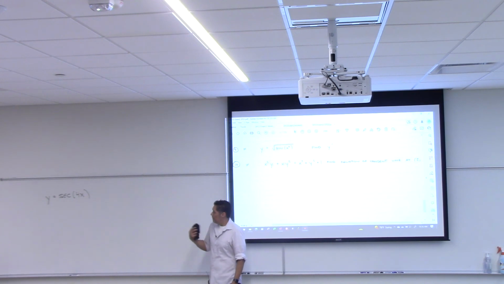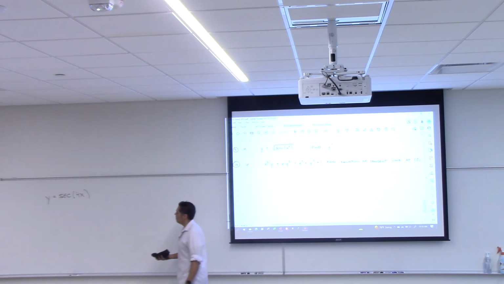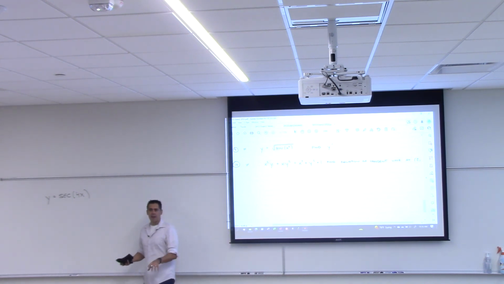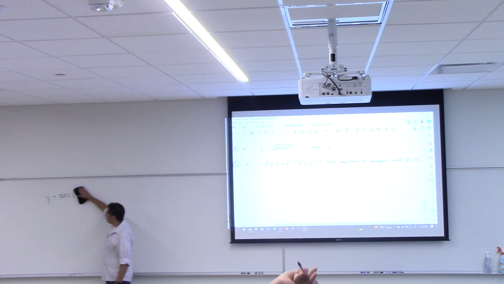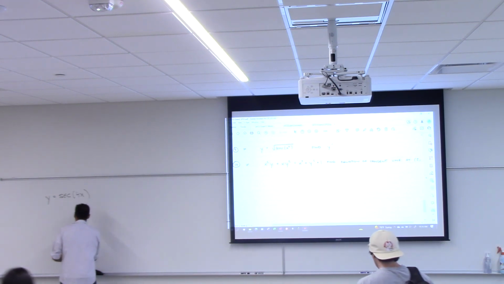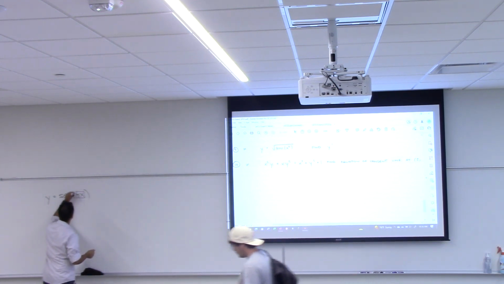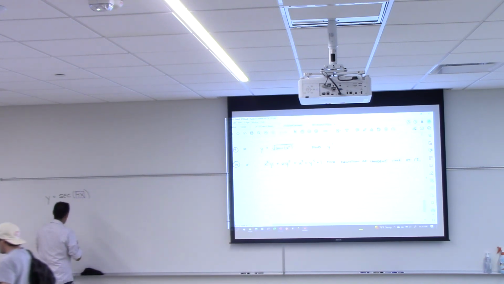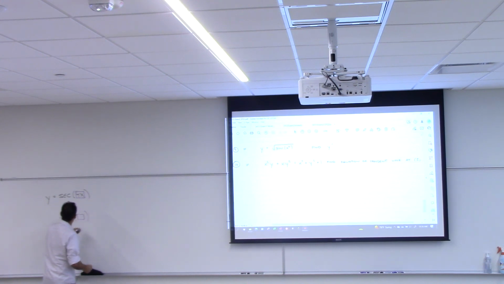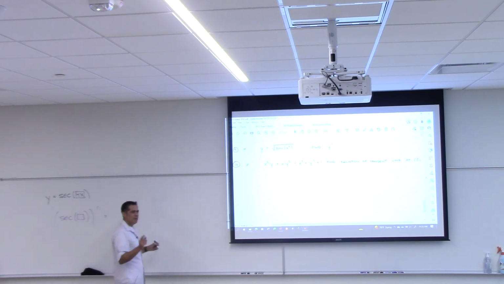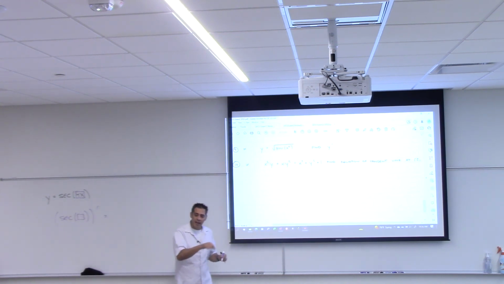So the way I'm doing this is I see composition. I see 4x inside of secant. Okay? So let's just make this a box. If I'm asking you to take the derivative of secant of a box, I look at my formula sheet and it says that the derivative of secant x is secant x tangent x.